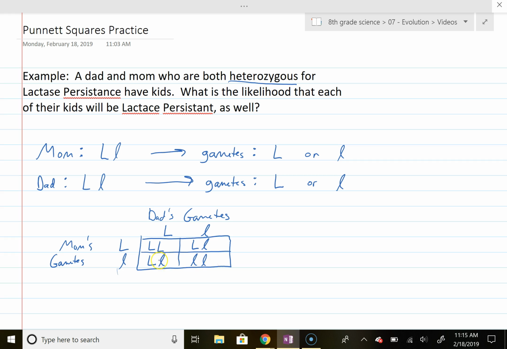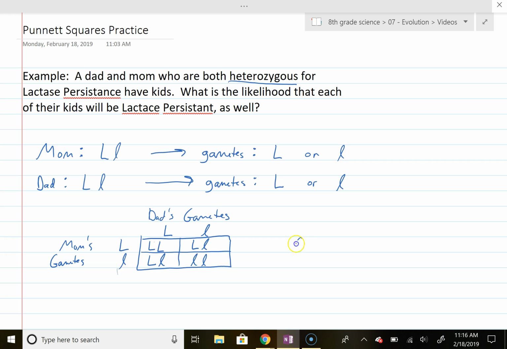Notice that we have the big L, little l showing up twice. So there's a 50% chance we'll end up with a big L and a little l, 25% chance it will end up with big L, big L, 25% chance it will end up with little l, little l. And those different combinations of L's we just call the genotypes for the offspring.